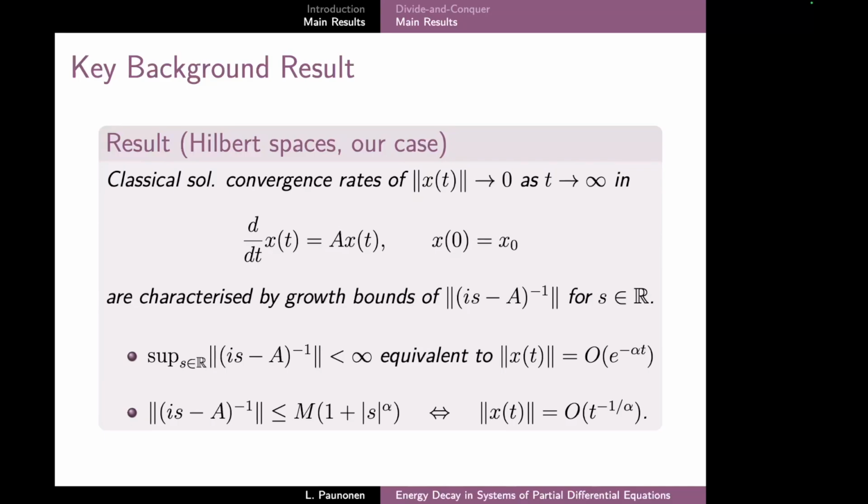We saw already in our examples that we often don't get exponential decay for our models, but instead a slower decay. And this situation is described in the second part of the result, which says that if the resolvent norm can grow on the imaginary axis, but is bounded by a polynomial, then we in fact get rational decay of energy of the solutions.